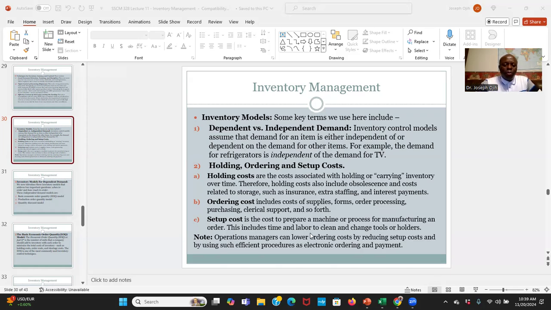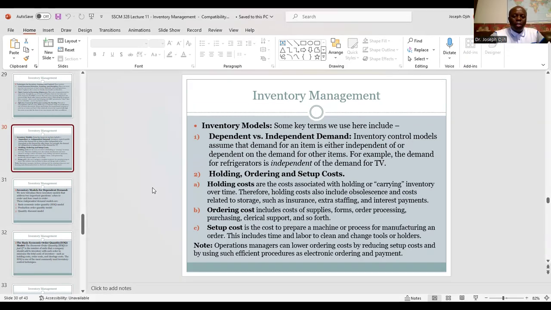Now, another thing we need to look into is what they call the holding costs, ordering costs, and setup costs. Holding cost simply means the cost associated with holding or carrying inventory over time.